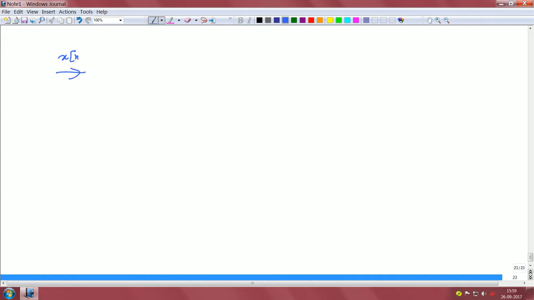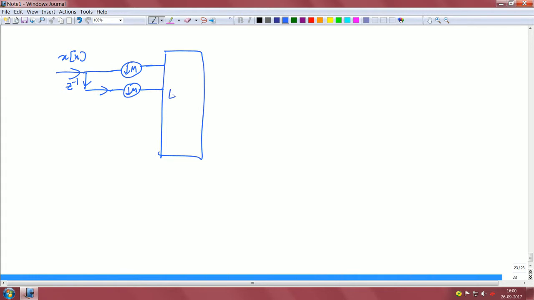So, with x of n, we bring in these downsamplers here, there is a delay followed by downsampler within this branch, and this would now be E of z, not E of z power m.